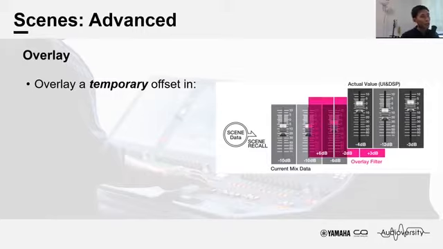So this is great for temporary offsets, so you don't need to make any permanent change while you're doing the show, especially if it's a tour or theatrical performance where things are quite fixed and scripted. You don't want to be doing too many changes to the actual scene data when temporary changes come about.